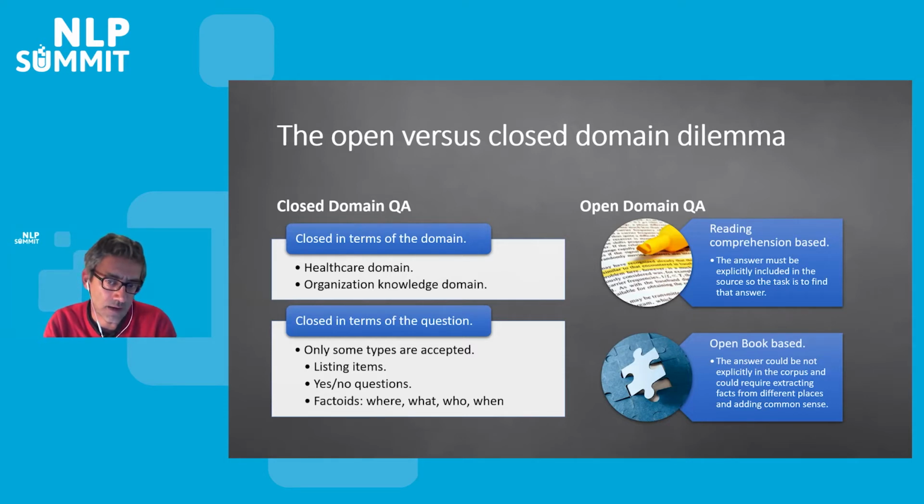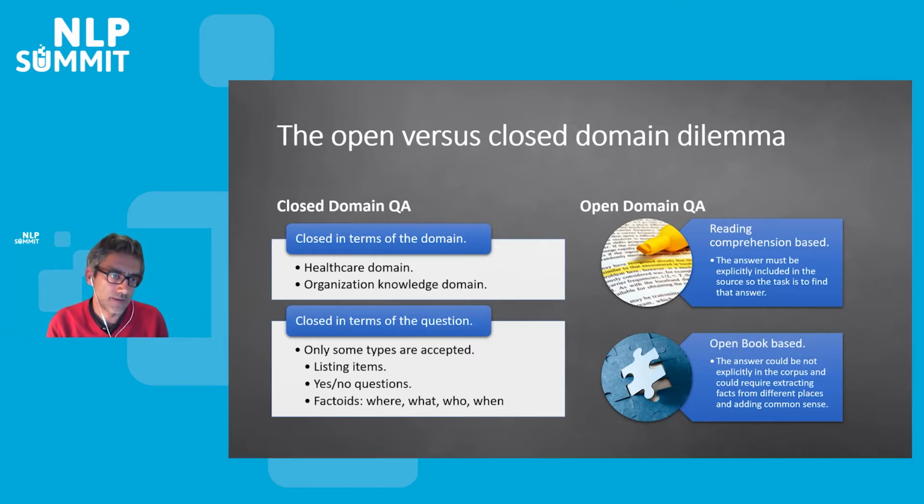So it's somehow like highlighting the answer in a given content. Or you can take an approach called open book, where even if the answer is not explicitly specified in the content, you are able to answer the question by picking different pieces of information from different parts of the document, for example.